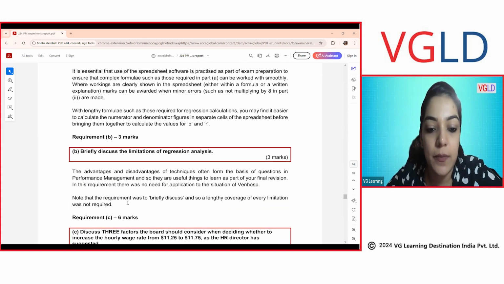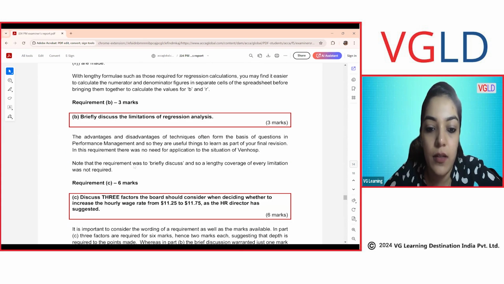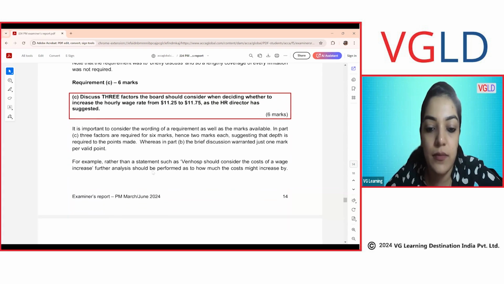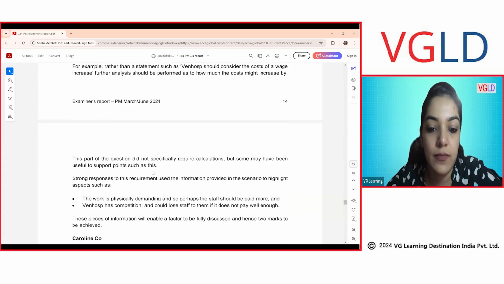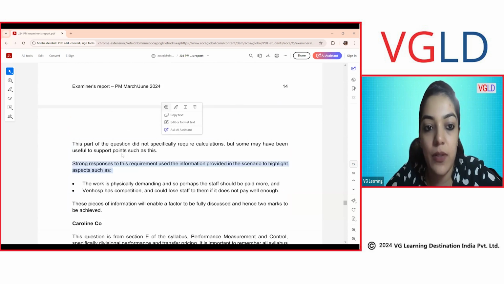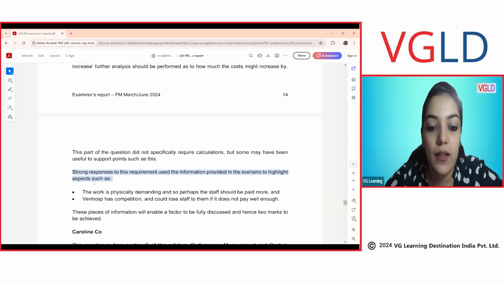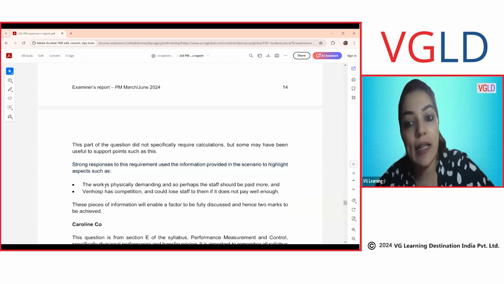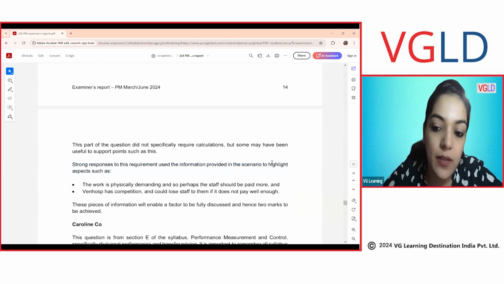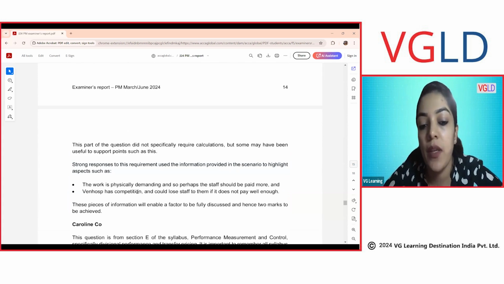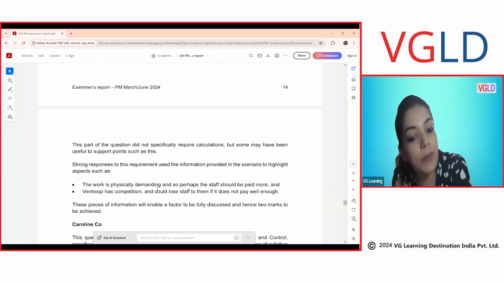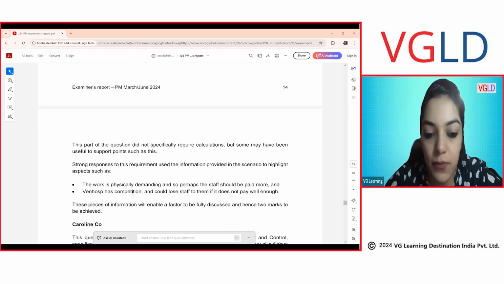Okay. Then it is now telling, for example, this particular question, part C. Strong responses, that means students who did well in this question, used the information provided in the scenario to highlight aspects such as the work is physically demanding and so perhaps the staff should be paid more, and the company has competition and could lose staff to them if it does not pay well enough.